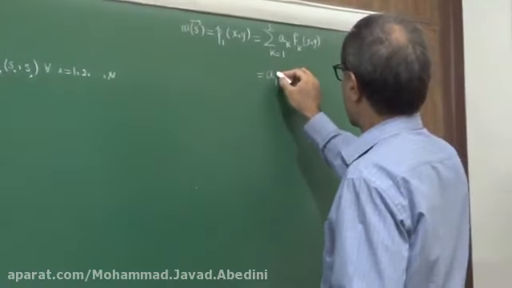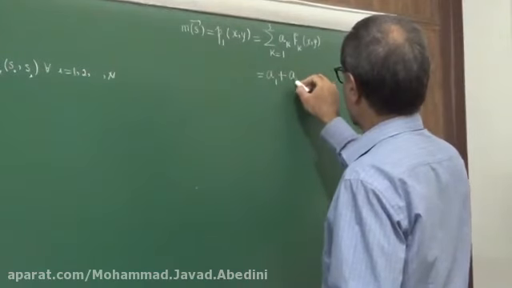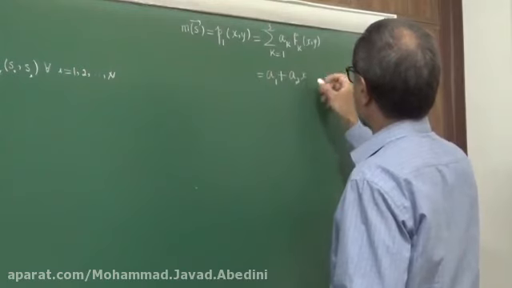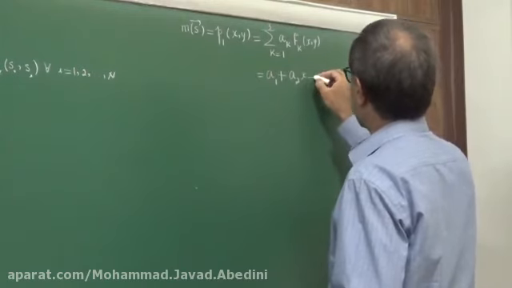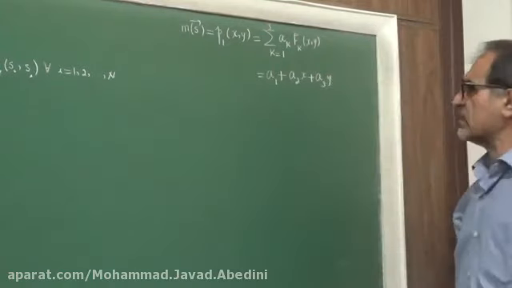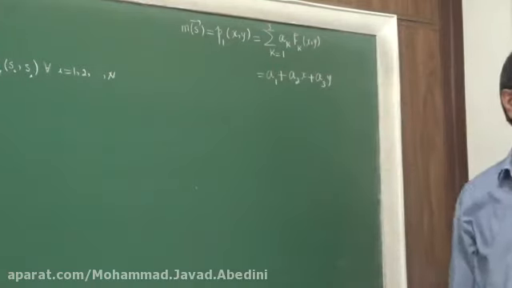A1 plus A2 times x plus A3 times y. That's going to be a first degree polynomial in 2D.